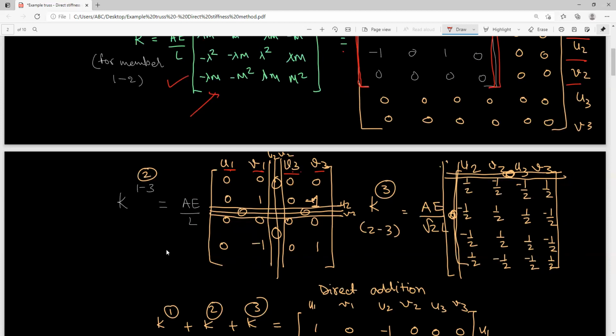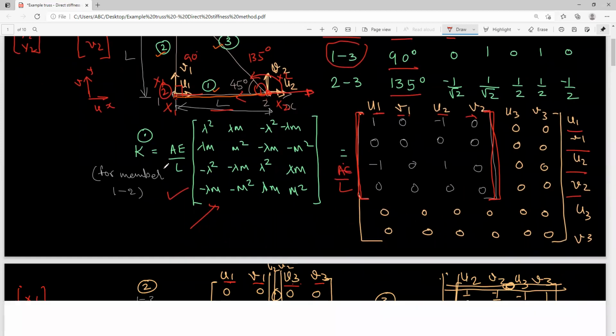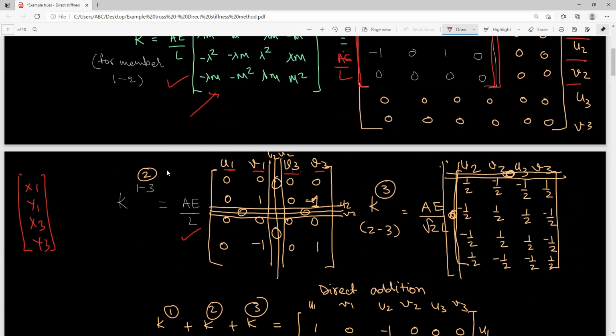So for convenience, you may write the force vector corresponding to those particular node numberings, for example x1, y1, x3, y3. And you can do the same thing for the third member. You have to calculate the length of each member, but here the length is already given as L. You may write here A by L, and add A by L for each of the members.